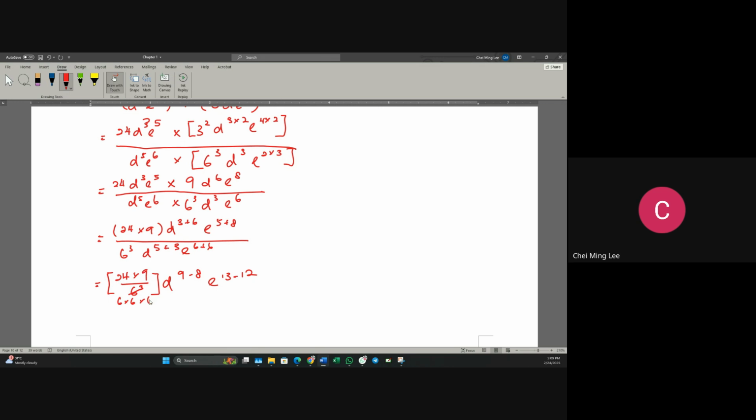Then first divide, this one becomes 4, and this one divided becomes 2 and 3. 3 and 3, this one becomes 3. Then 2 times 3 over 6. 2 times 3 is 6, 6 over 6, so it becomes 1. So the answer shall be D, E only.